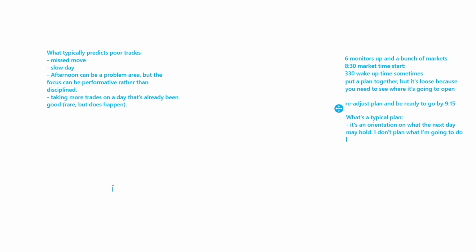If I don't think levels are valid anymore, or the structure just doesn't matter, I note that, not physically, not writing it down, just taking a look so that I'm familiar with it for the next day. Then in the morning, I redo the same thing. I take a look at everything and say, all right, here's where we are. We're opening in range, out of range, big gap, whatever, and then get an idea of what may occur.